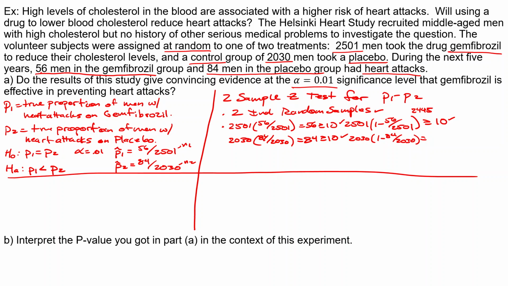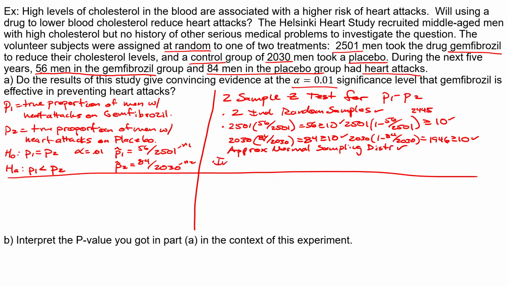So 1946, I think. Somebody else check my math. And so everything's greater than 10, so we do have our approximately normal sampling distribution. That checks out.